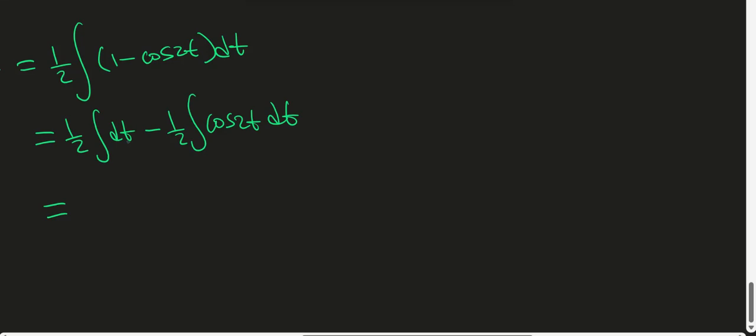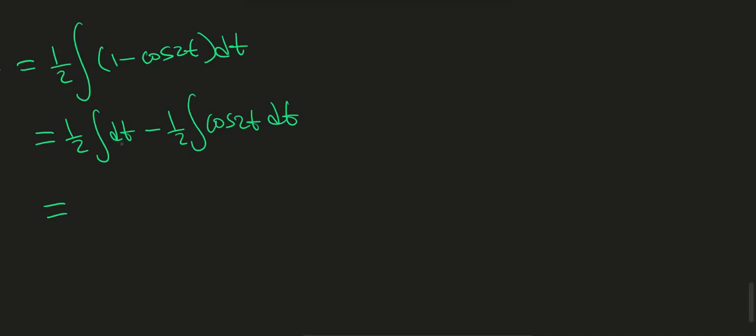We know the integral of dt, I'm just bringing down the 1 over 2, is the same thing as t. If we had boundaries, maybe from 0 to t, we would put them here.